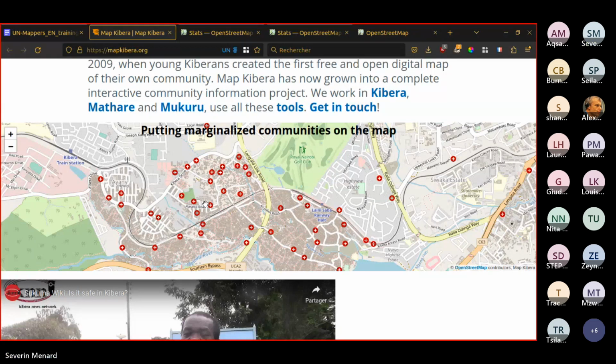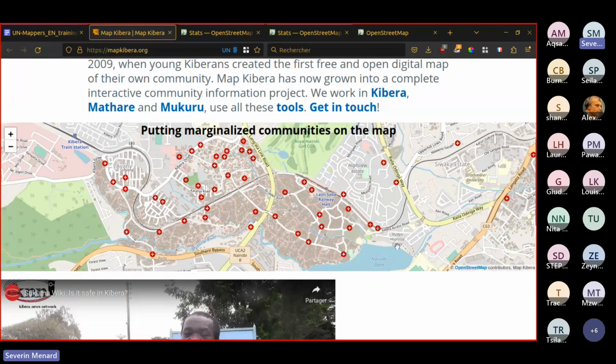It's one of the largest slums in the hemisphere, and OpenStreetMap actually allows local people to map their territory. Okay, and there were also these base maps used for a lot of community involving action, data journalism, and things like that. Okay.